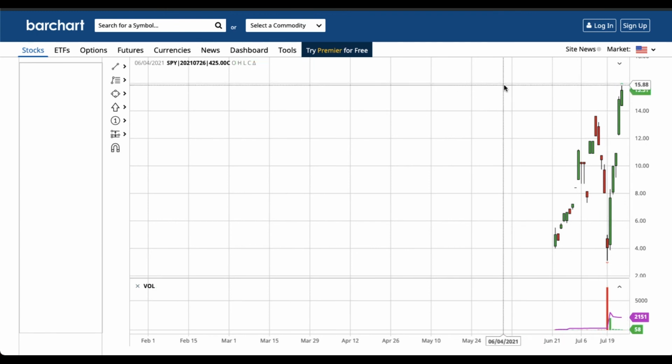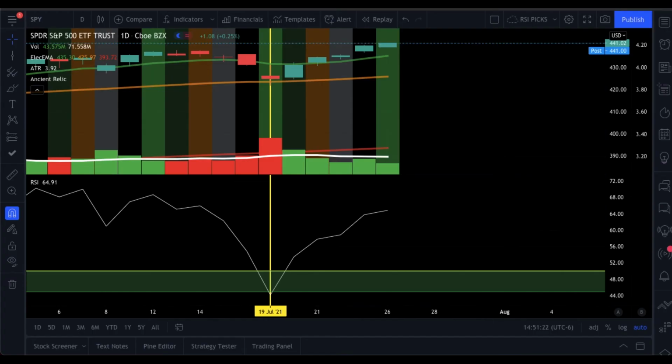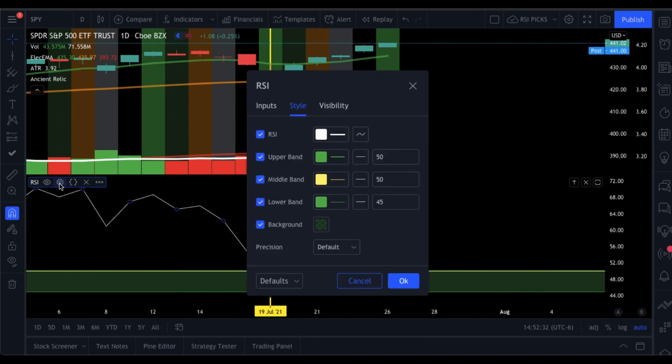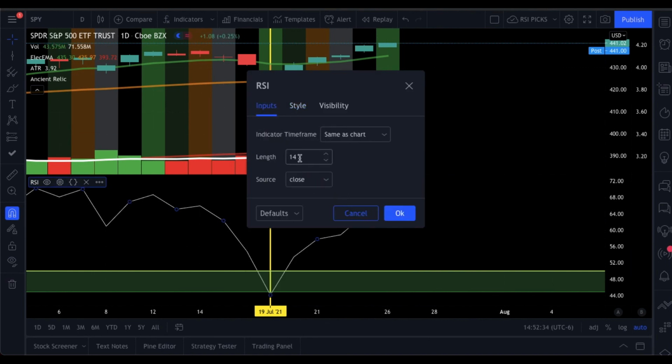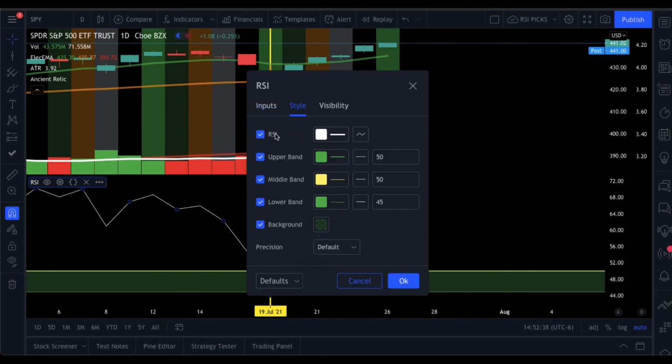So guys, this is me rediscovering, rejigging the RSI. I've not changed the time frame. It's still the same time frame. The default settings, the inputs here, still on the 14th day. This was not changed. Just the style, the visualization of it.